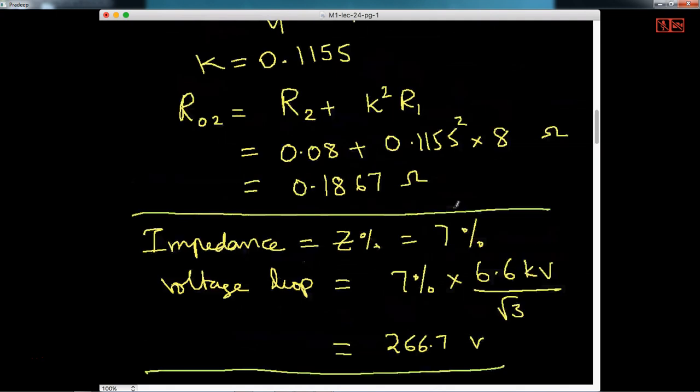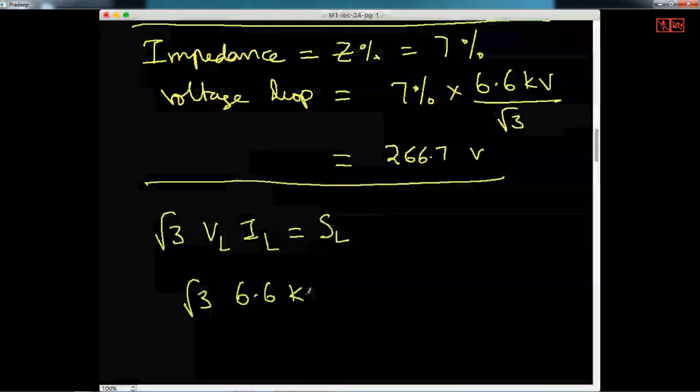So that means root 3 VL IL is equal to the SL. So root 3 line voltage is 6.6 kV multiplied by current IL, that is I2 line, is equal to 2 MVA. Here you should be careful with the units.